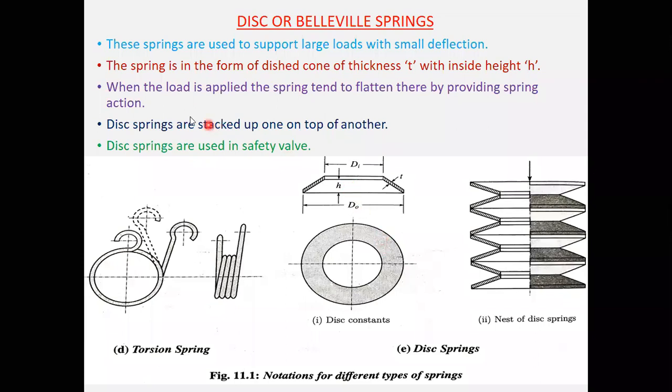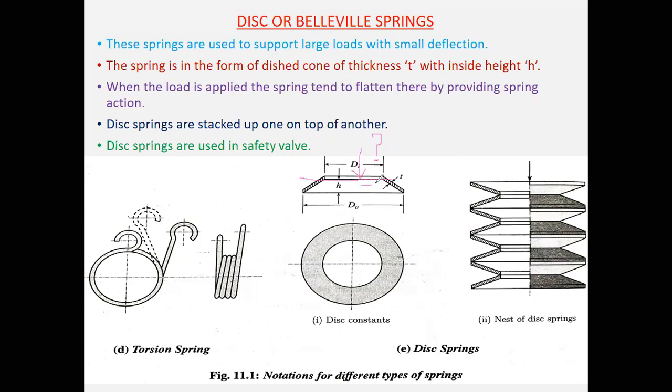Getting my point? He's asking at how much load this disc spring will become flat. Previously, the load you applied was 4.66 kilonewton, and there was a deflection of 0.79, meaning it has deflected up to this.